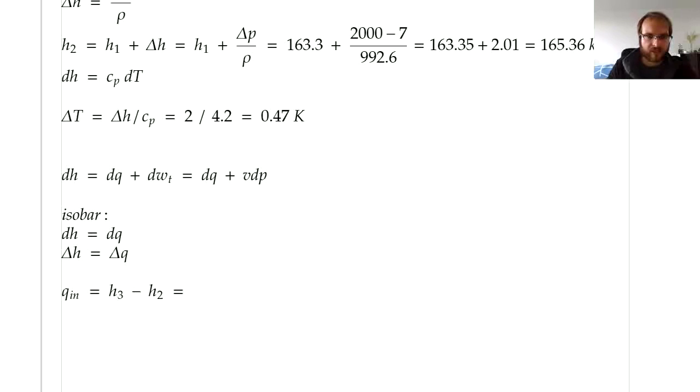Getting the values there, it's 3358 minus 165.4, and the result is 3192.9 kilojoules per kilogram.